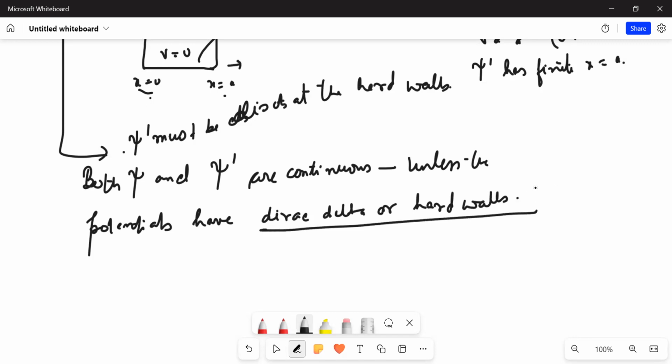So in these two cases, the psi dash will have a finite discontinuity.